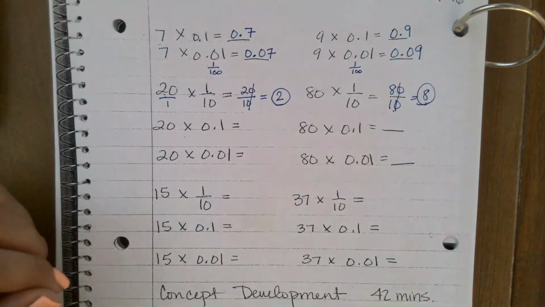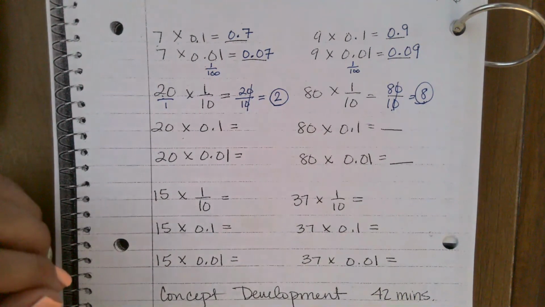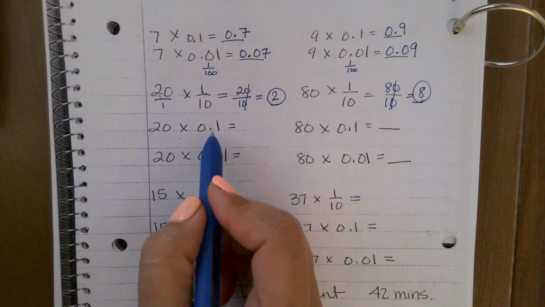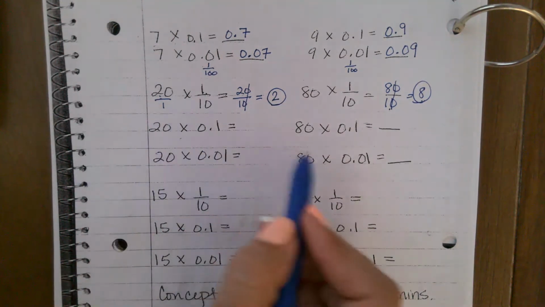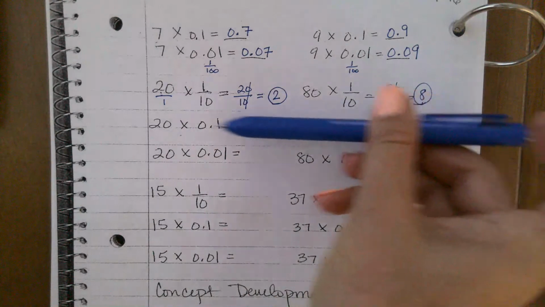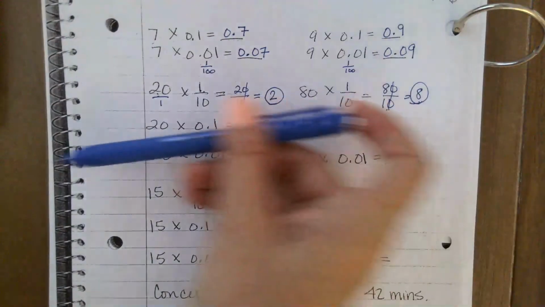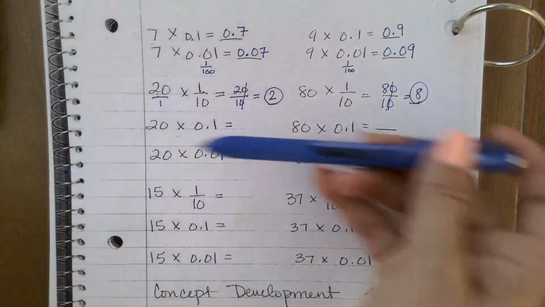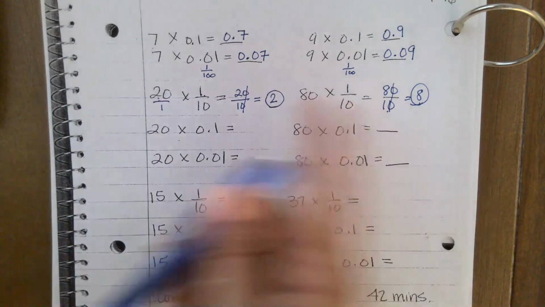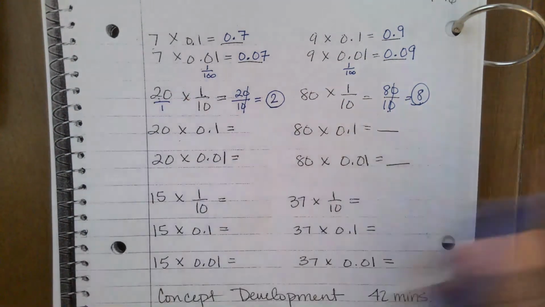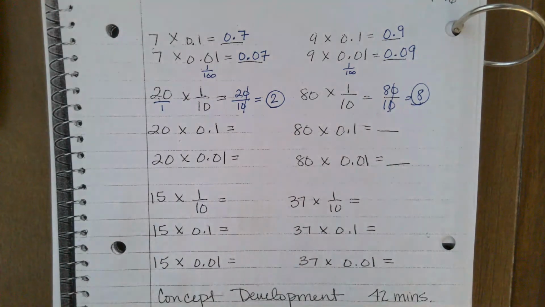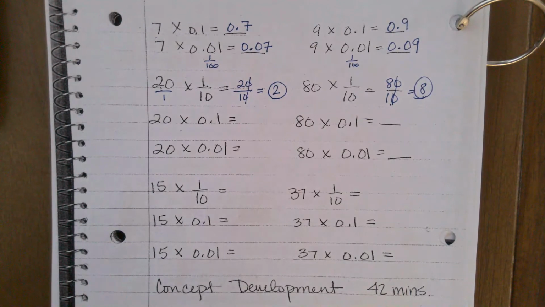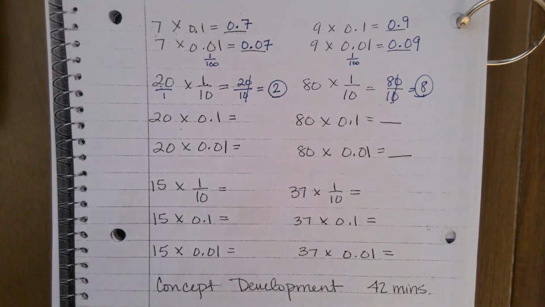Okay, so the next part, what we're doing. Now, notice that normally when you multiply by any number, your number always gets bigger. So your number is traveling along the place value chart and moving in a greater direction, right? So as your number moves in this direction, your decimal keeps moving in the opposite direction, right? Well, we're not multiplying here by a whole number.